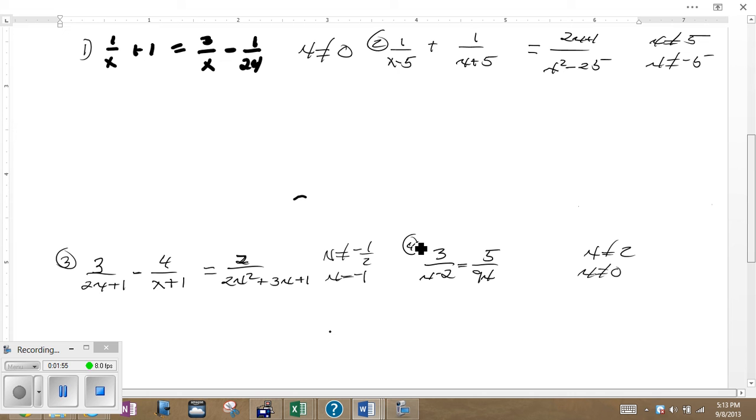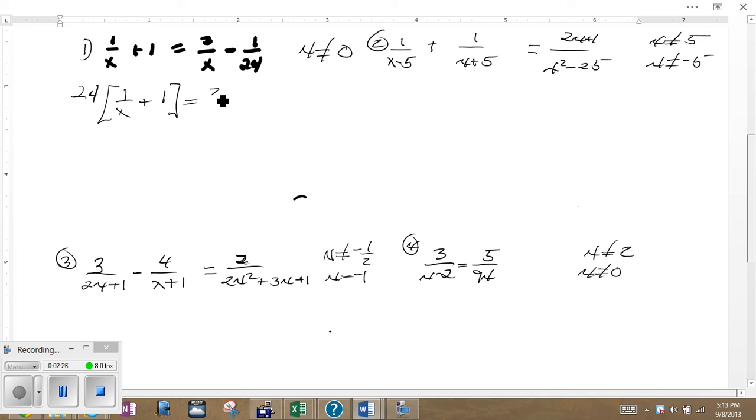In any equation with denominators, the very first thing you want to do is get rid of the fraction. That is, you determine the common denominator between all terms. The common denominator here is simply 2x. 2x is going to multiply both sides of the equation. Effectively, it's going to multiply every part of the equation.